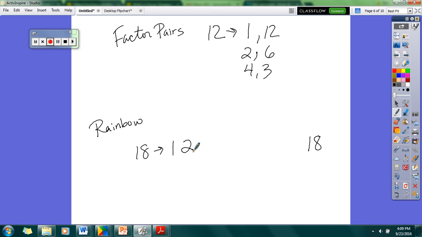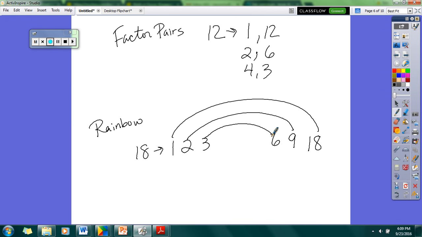So what times 2 is going to be 18? It's going to be 9. Is 3 a factor of 18? Yes, it is. So 3 times what is going to be 18? 6. 4 is not a factor, 5 is not a factor, and now I'm at 6. So I have made my entire list, and the reason they call it a rainbow is because when you connect them, it looks like a rainbow.